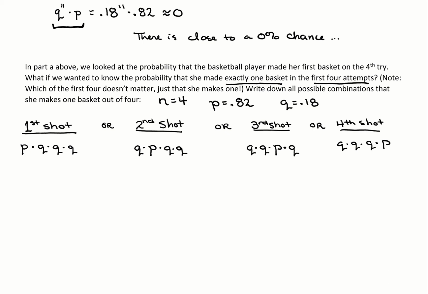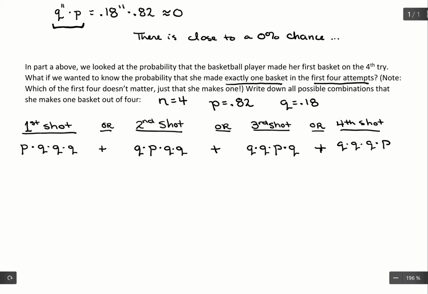So all of these show the idea of making 1 basket out of 4 attempts, and we kind of exhausted all of the possibilities for how that could occur. Now with using this word or, that brings through addition here, and it would be disjoint cases. There's no way for these cases to overlap with each other. So what we'd want to do for this probability is add them together.